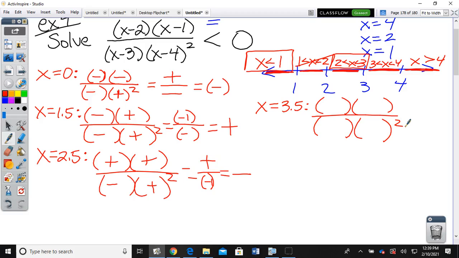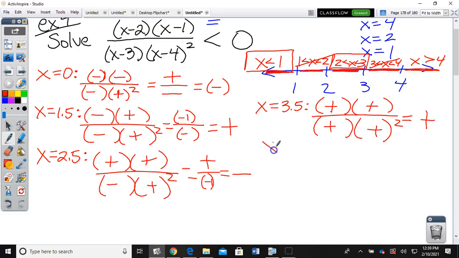Oh, great. All right, 3.5 plugged in on top. I get 2 positives. On the bottom, there I get a positive. There I get a negative, but it's being squared, so it also becomes what? Positive, so that would be a positive, so that's going to be a no.